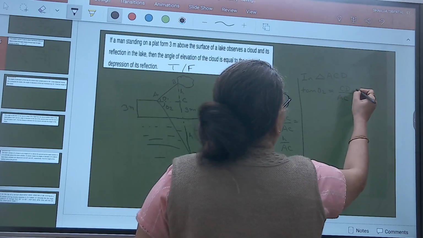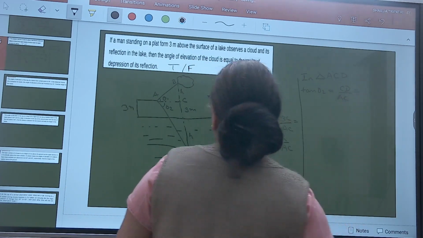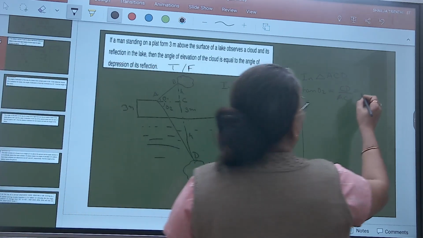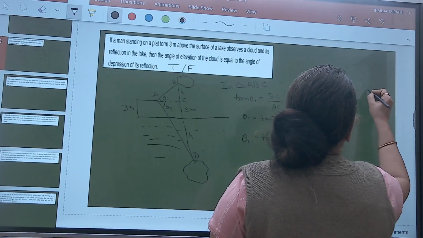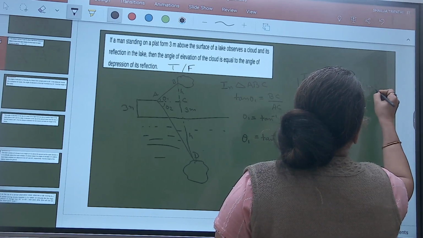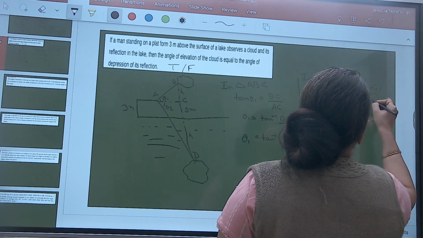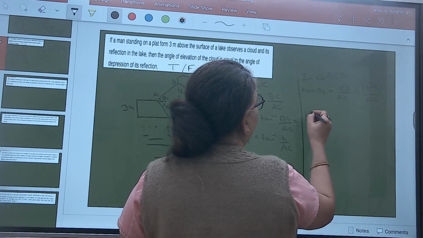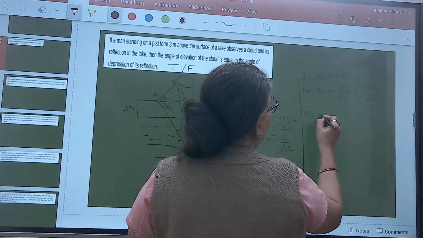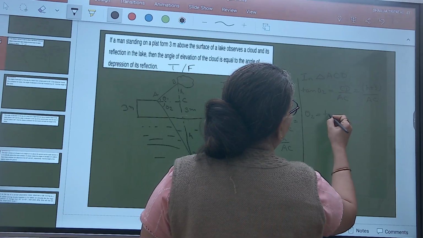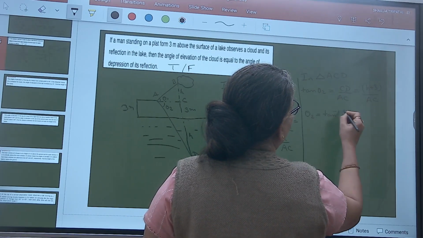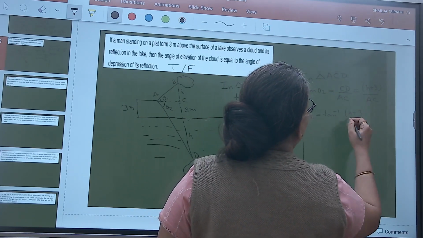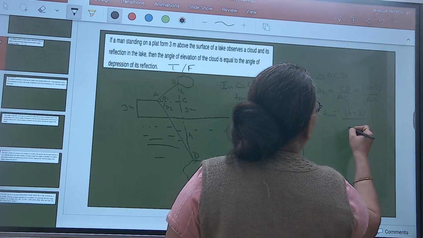So CD can again be written as h plus 3. So theta 2 is written as tan inverse h plus 3 upon AC.